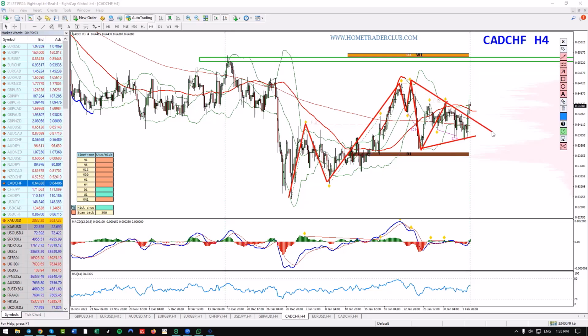Right now it managed to break, and a very interesting thing is it holds above the volume profile here, which is a very important sign. So any pullback here should be the sign for continuation. The instant potential target is the daily swing high, this one, which is yet to be broken. And if it will be broken, then there is no limit for us here on the daily chart.